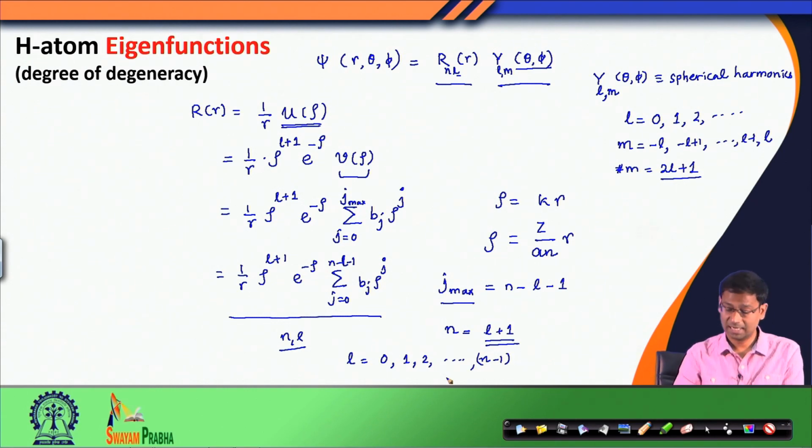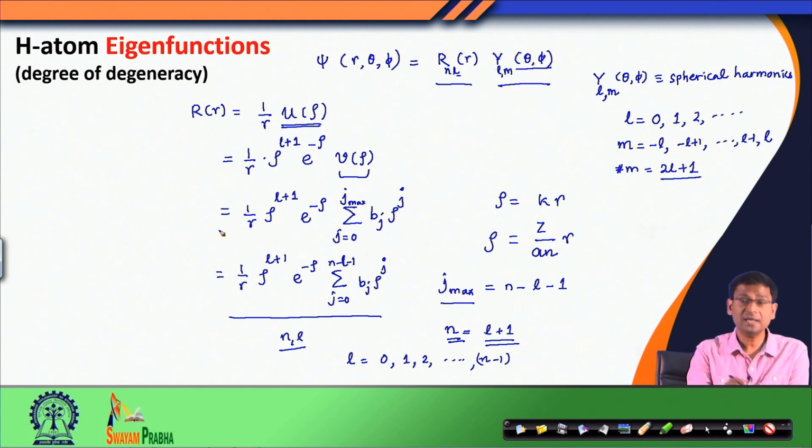So, I see that for a given value of n, I have n number of L values. What are they? They are 0, 1, 2 until n minus 1. So, for a given value of n, I have got n number of L values, and for a given value of L, I have got 2L plus 1 number of m levels.